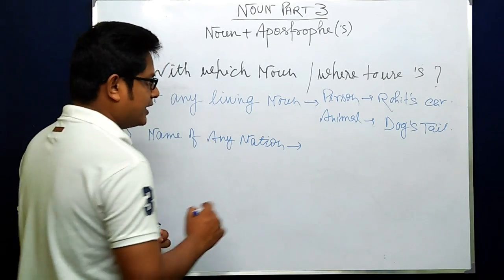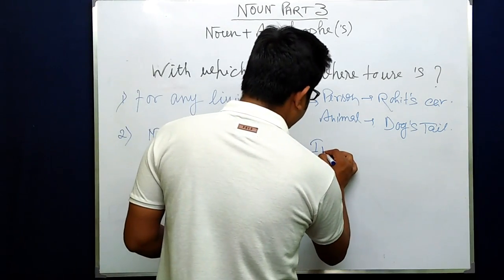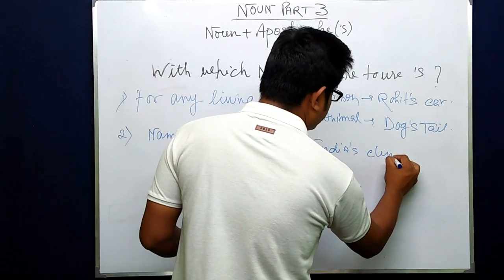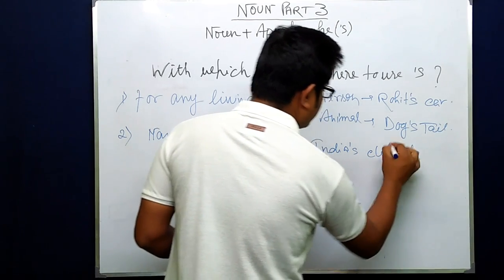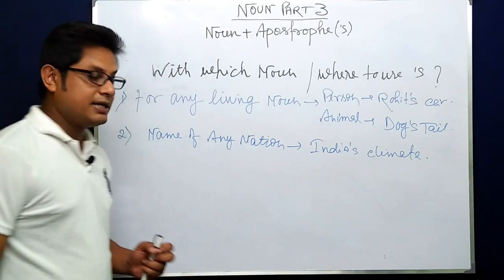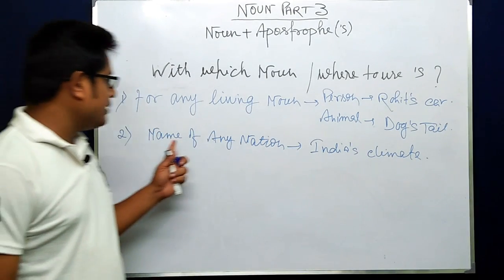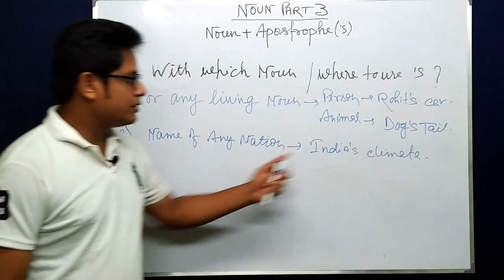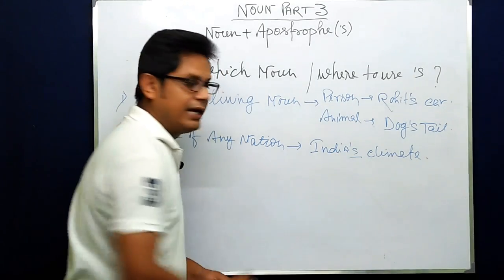For example, you can write India's climate. It is a right use. So you can write the name of any nation, and you can use apostrophe s.